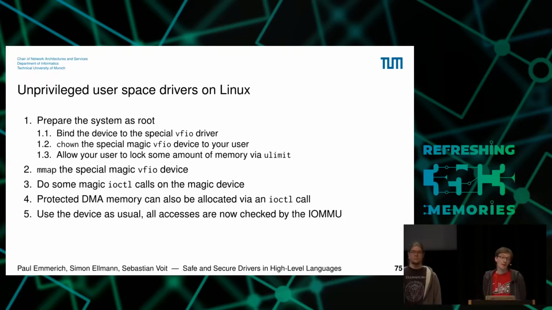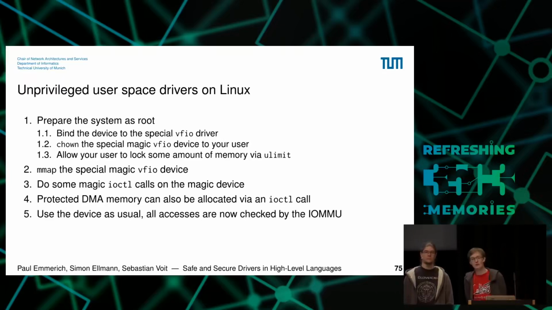And then you have a user space driver that can run with no special privileges at all. And the IOMMU will check all the accesses, and the kernel will make sure that you can't configure the IOMMU in a wrong way. You can just tell it to please configure the IOMMU in such a way that the device can access my current address space, but not anything else.